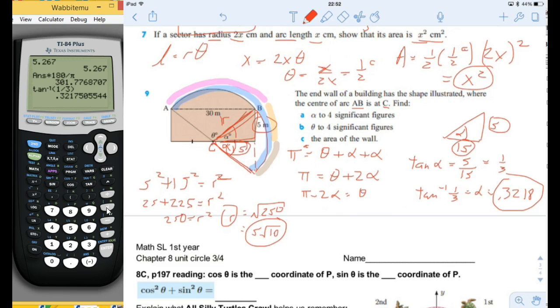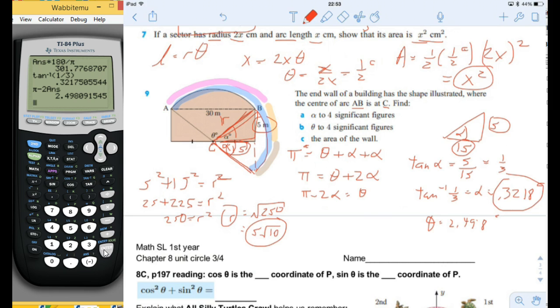So that would be pi minus 2 times alpha. So the answer for theta would be 2.498 radians. Okay, so little c's there to signify radians.